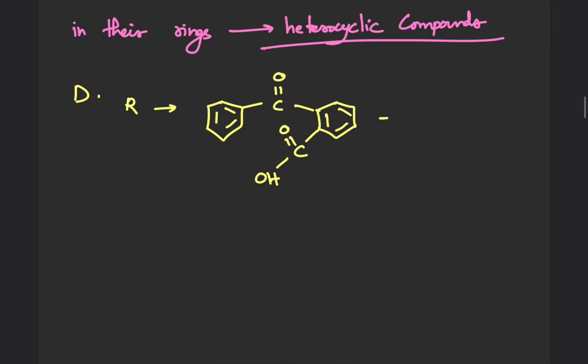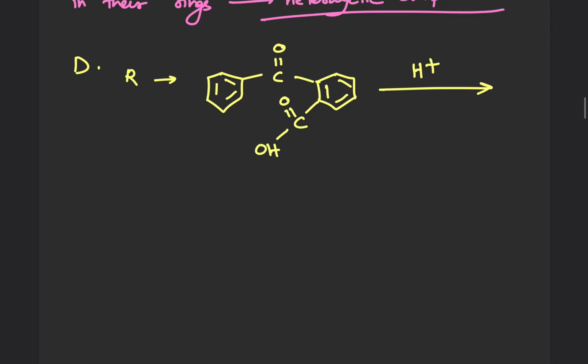Okay, so this in the presence of H plus. In the presence of strong acids like HCl, H2SO4, HNO3, carboxylic acids act as weak bases. That is, they accept H plus.